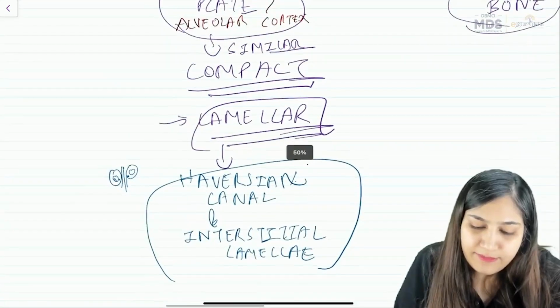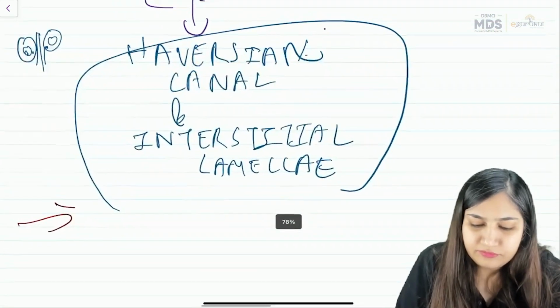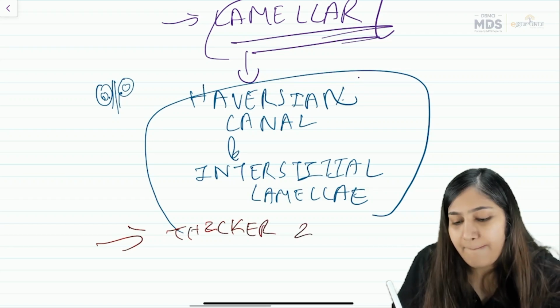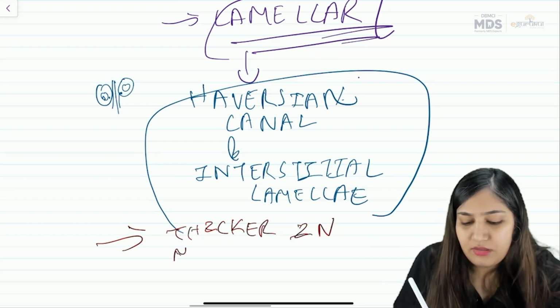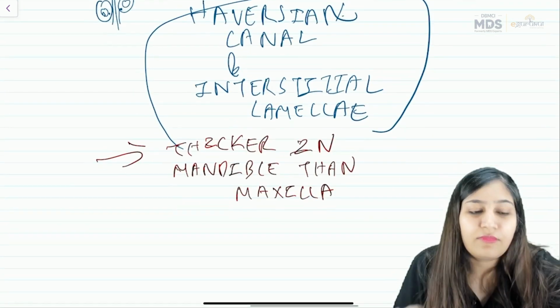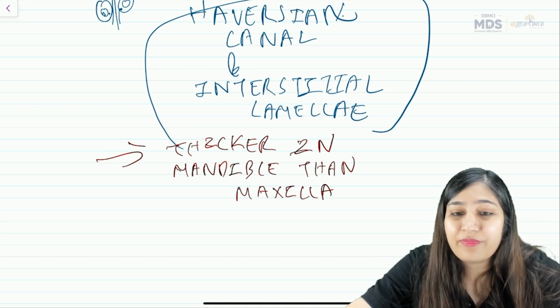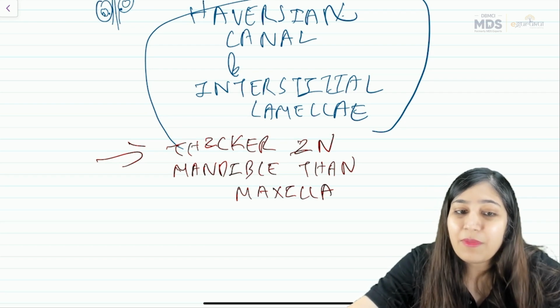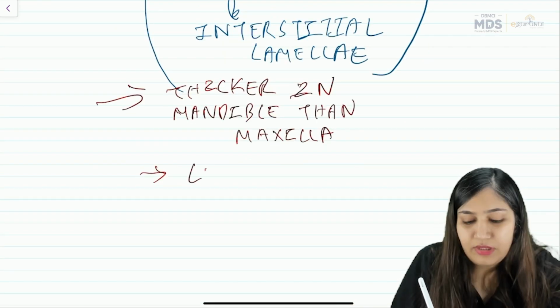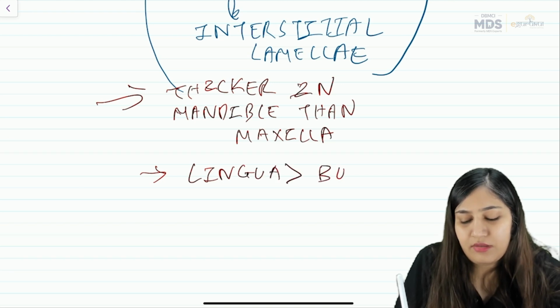So cortical plate is thicker in mandible than maxilla. It is mainly thicker on the lingual side as compared to the buccal side. Lingual, then buccal.